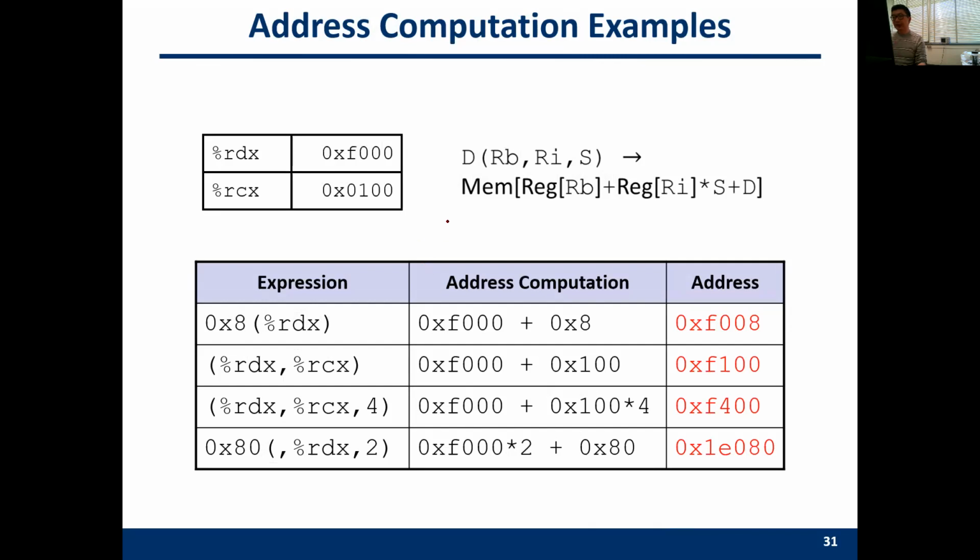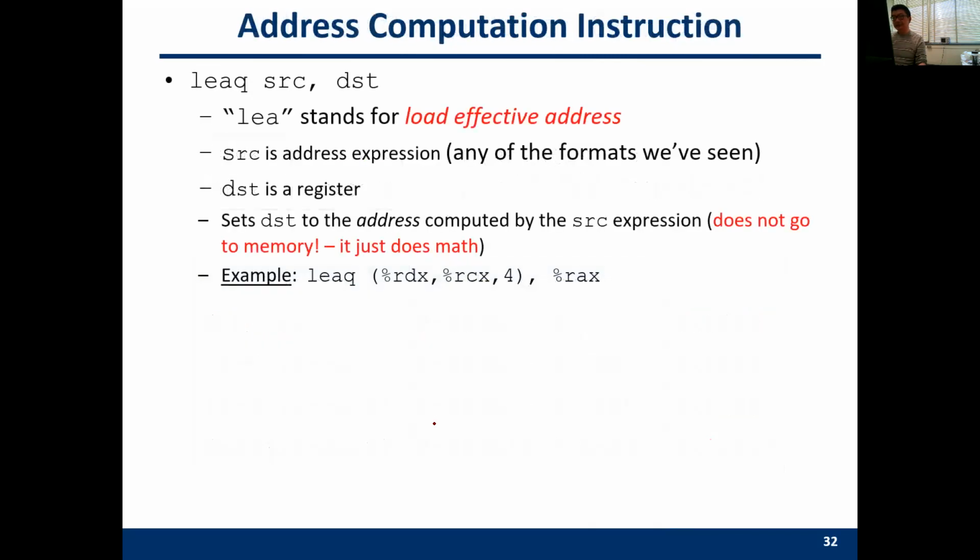So in this way, we can compute the address here. We only have a D here, so we can use the address in this register, which is this one, and add this D to compute the new memory address. So you can try the following after this class.